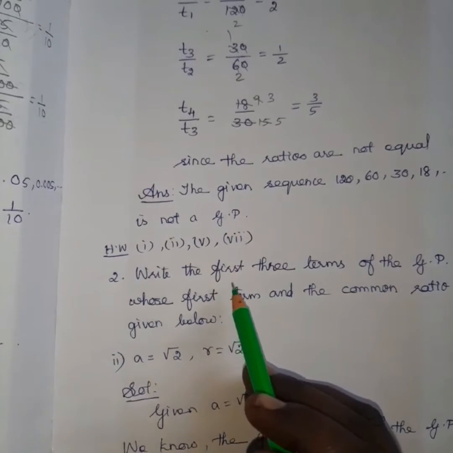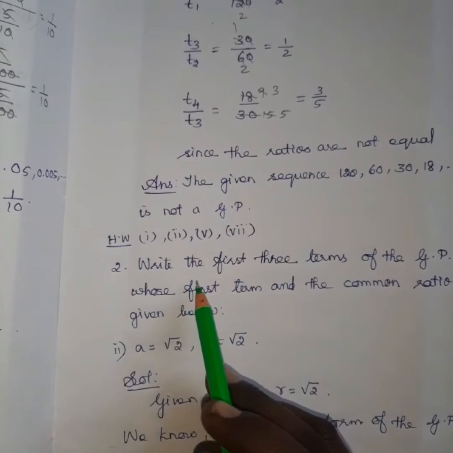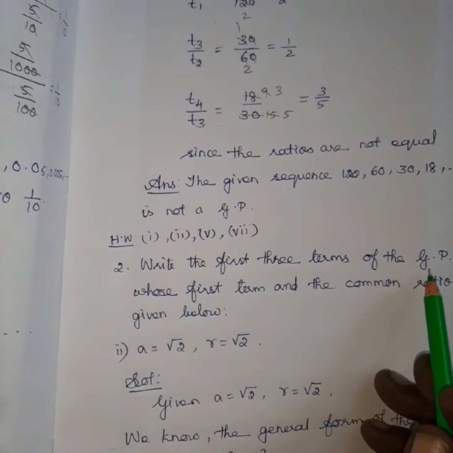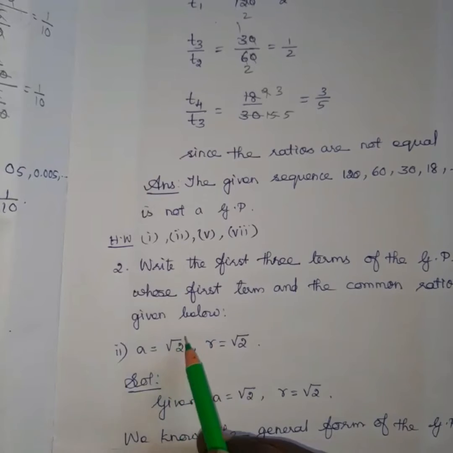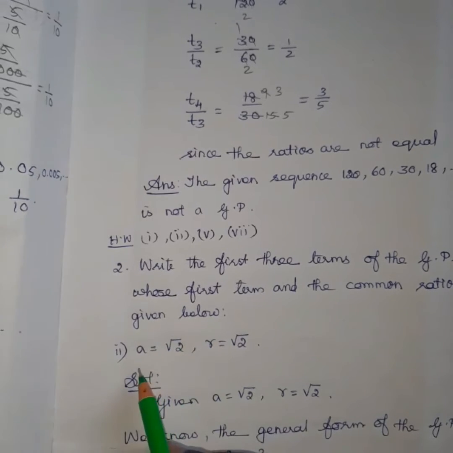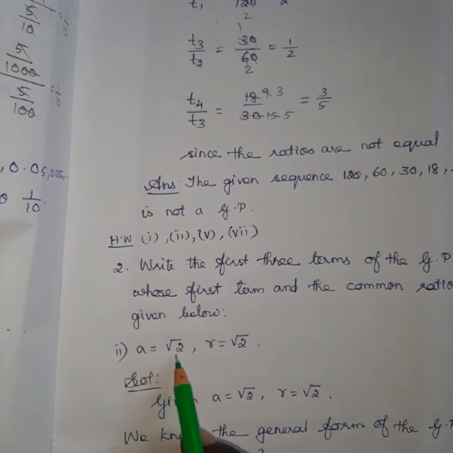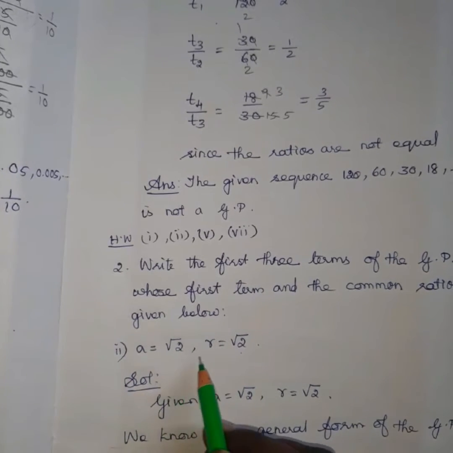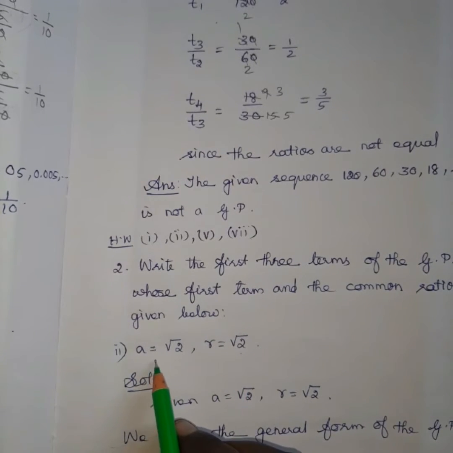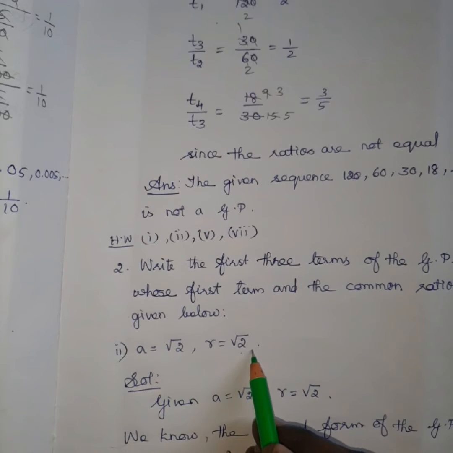Okay. Now the second question from the exercise. Write the first 3 terms of the GP whose first term and common ratio are given below. For the second one, A equals √2 and R equals √2. That means the first term and common ratio are given.